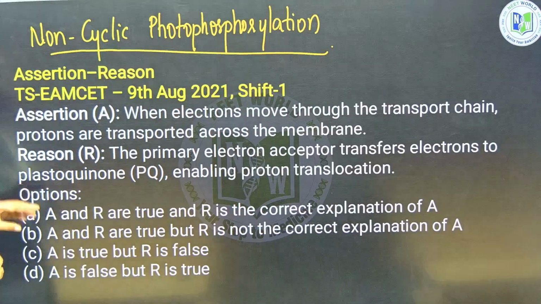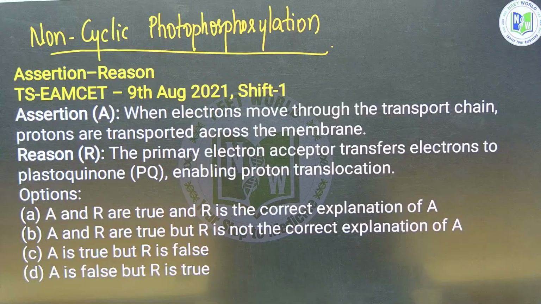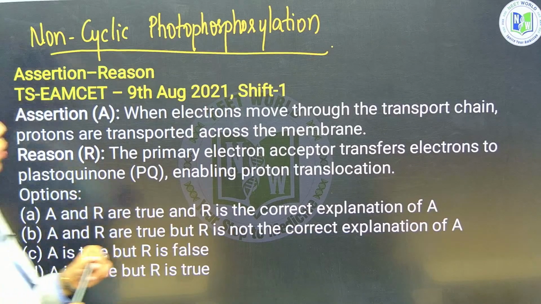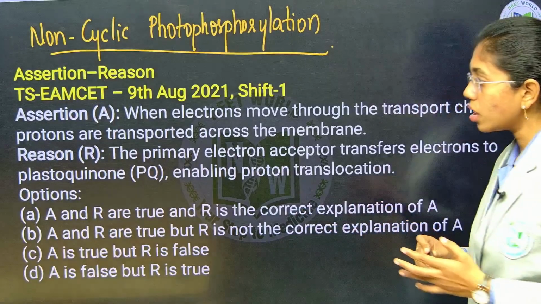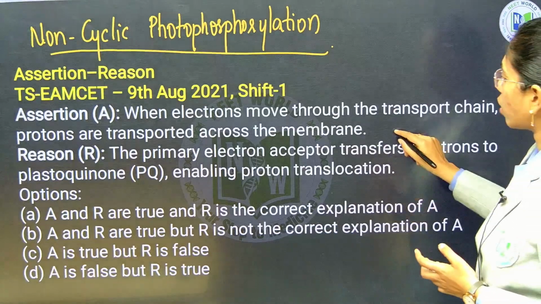When electrons move through transport chain, protons are transported across the membrane. Fine, right? When electrons are moved through transport chain, protein molecules accepting the electrons, protons are transported across the membrane. True.